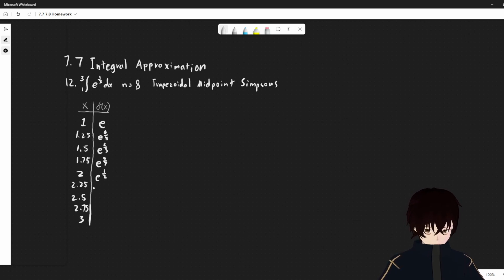Oh man, I should have used fractions instead of decimals. I thought decimals was going to be easier on my calculator. Now that is e to the power of 4 over 9, e to the power of 4 over 10, e to the power of 4 over 11, e to the power of 1 over 3. Right.